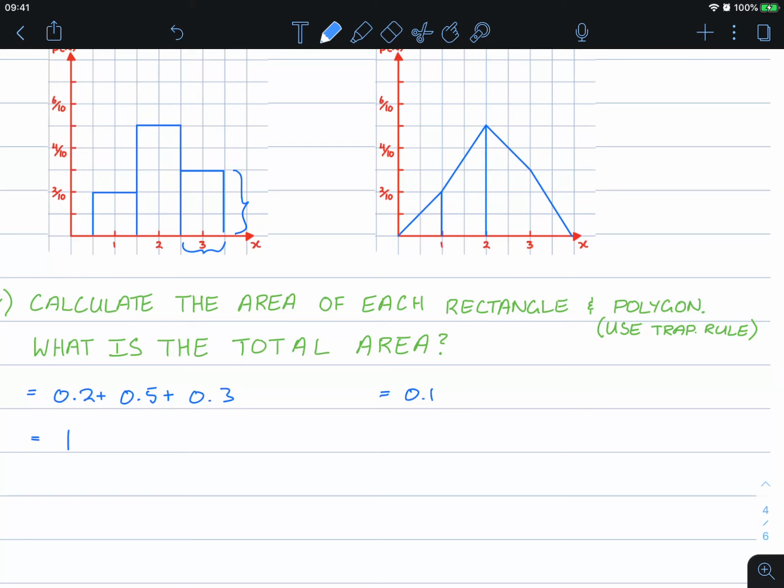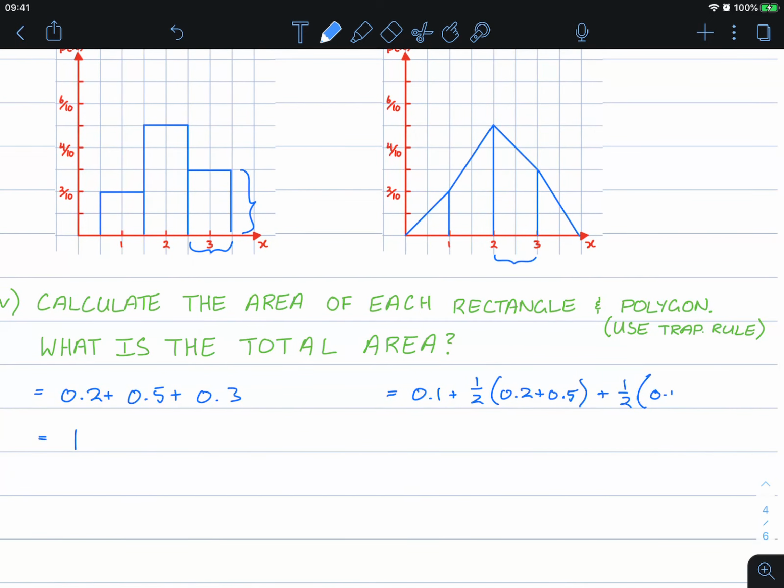This height here is 0.2 plus, h on 2 is half, times 0.2 plus 0.5, plus half. Again, the height here is 1, so h on 2 is 1 over 2 times the first, which is 0.5, and the last, which is 0.3.